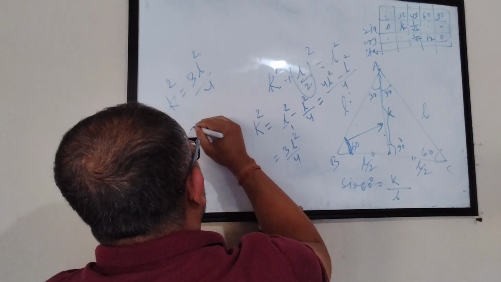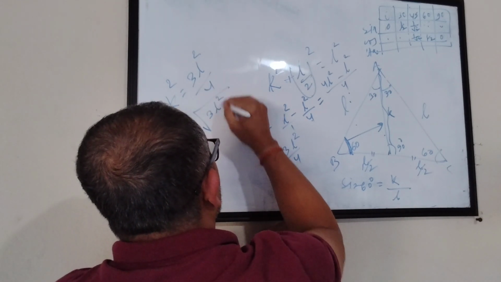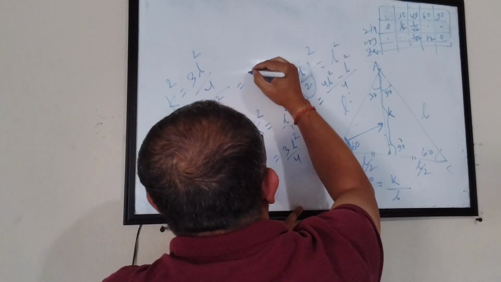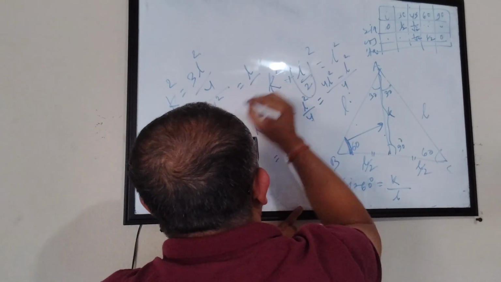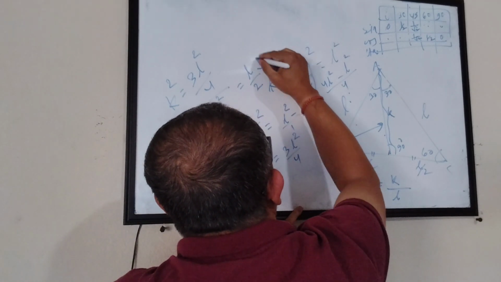That means K will be equal to the square root of 3L squared by 4, which becomes L comes out, 4 becomes 2 squared so 2 comes out and root 3 remains inside.